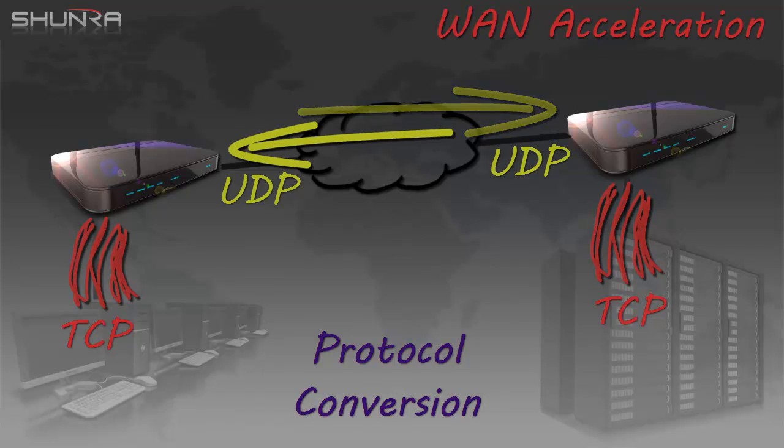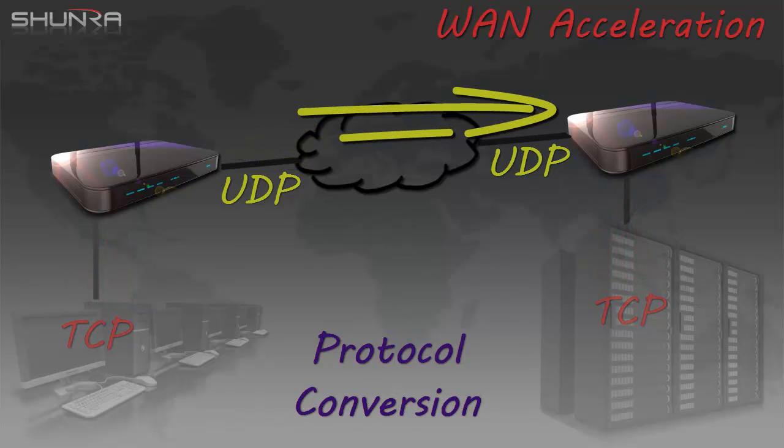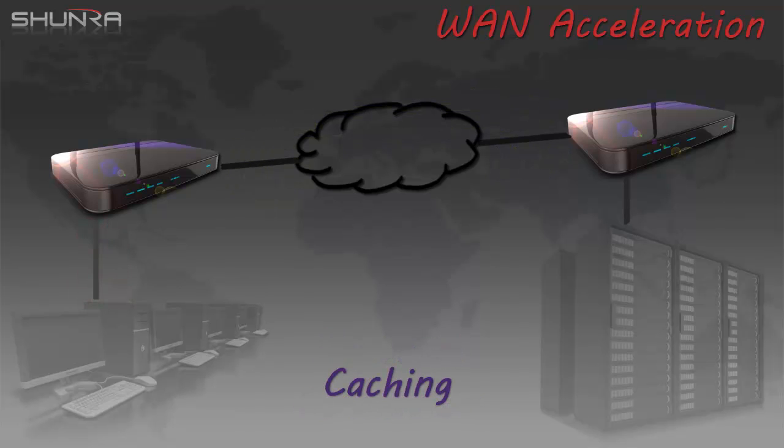And what's the advantage of using UDP over TCP? Once you send the traffic, basically the traffic's gone and you don't have any acknowledgments anymore. So there's a lot more speed going over the wire because all your handshaking and acking is happening between here and here. The third piece, and I think the biggest and most important piece, is caching.